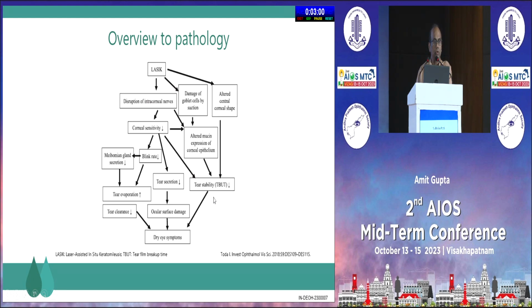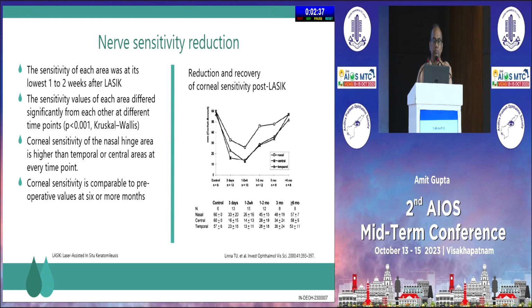The sectioning of the corneal nerves, because of the lacrimal functional unit going down, causes a decrease in tear secretion. The damage to the goblet cells will cause a decrease in mucin, and therefore the tear film does not adhere to the corneal epithelium. And the altered shape, because of your LASIK, alters the tear film dynamics and the tear film breakup time too. So ultimately it results in ocular surface damage and the dry eye symptoms.